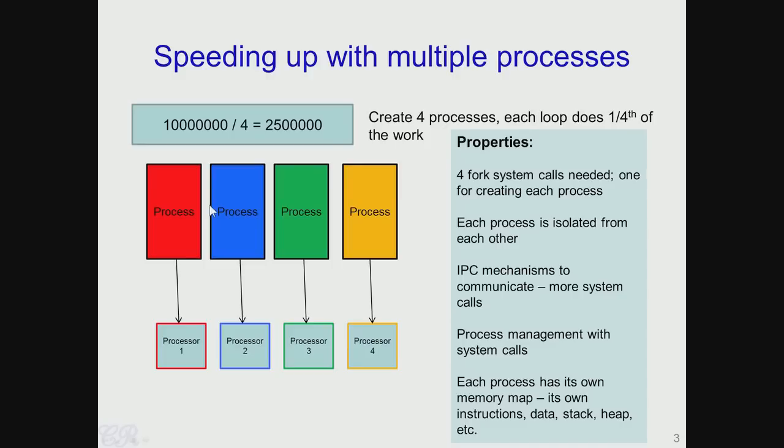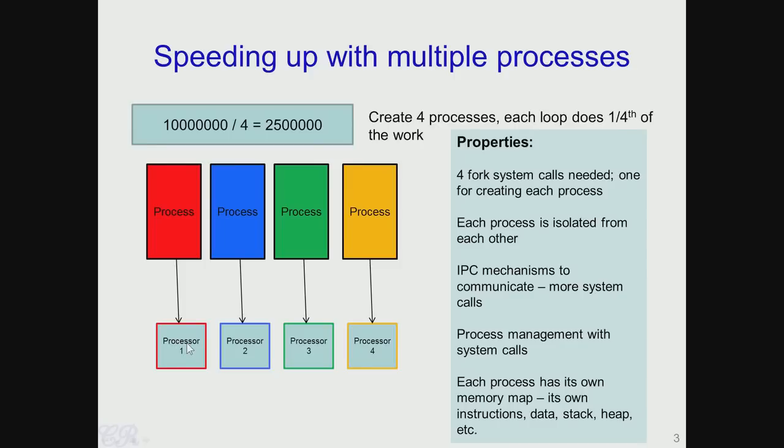Next, due to this isolation, we require inter-process communication techniques, as we have seen in a previous video, in order to communicate from one process to another. IPC can be achieved in several ways. One way is by having the send and receive system calls, and the operating system will help in creating a channel through which IPC is achievable.